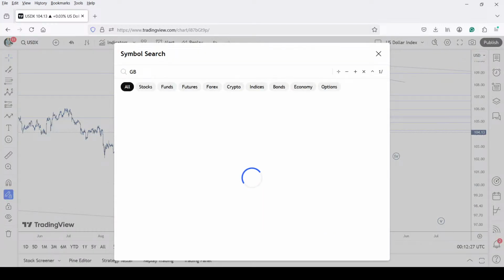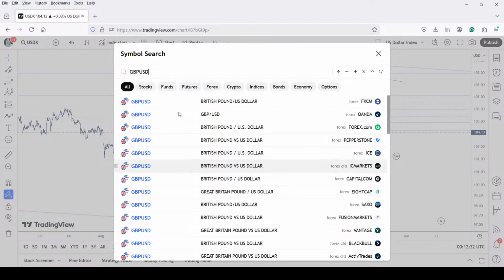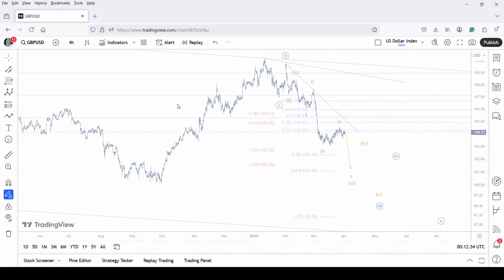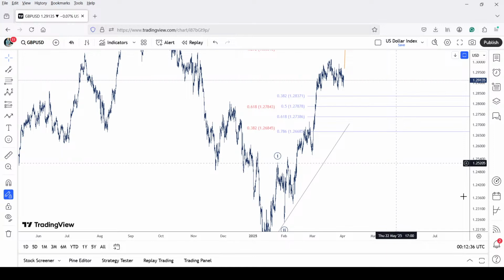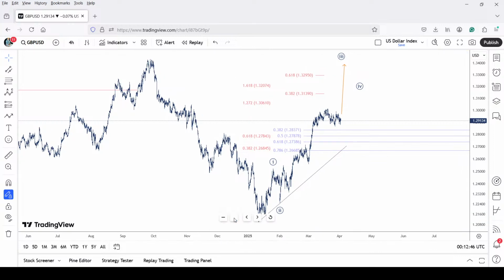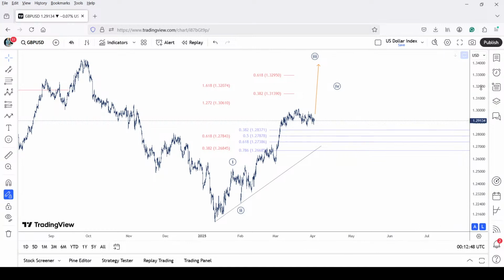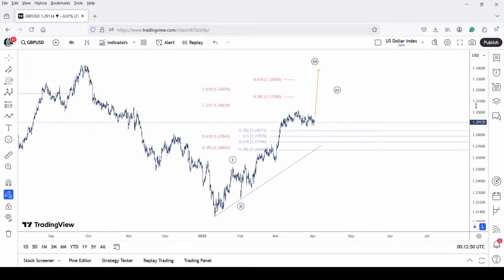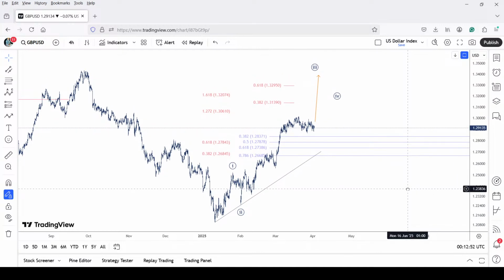Let's move on to the GBP USD, where we look at the 4-hour time frame, and it is telling us a clear story that first of all, the kind of resilience that pound has shown is quite more or larger than what Euro USD is showing.